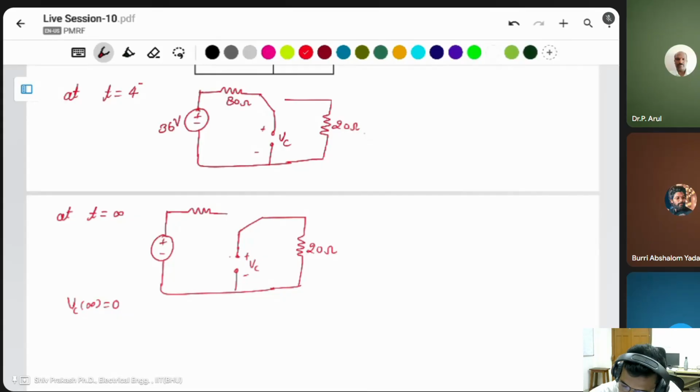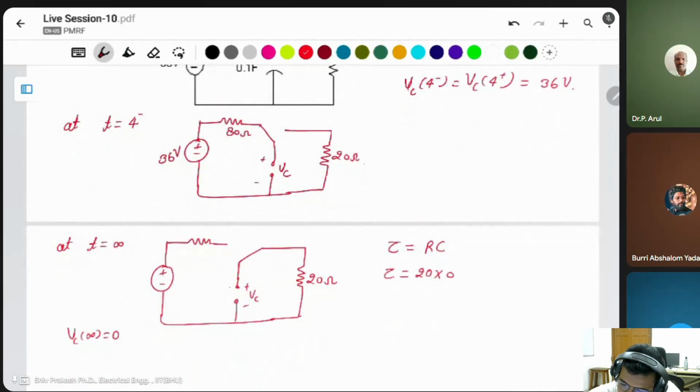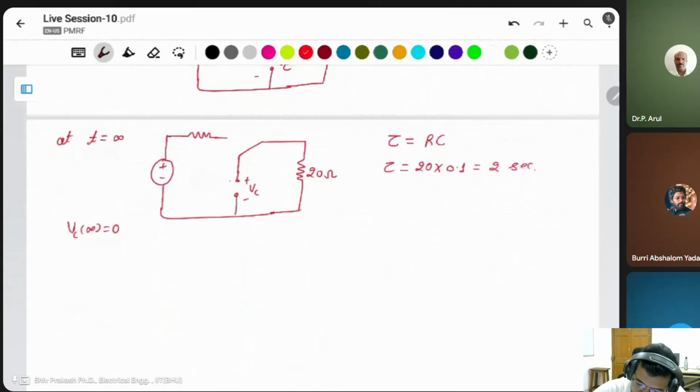Then what is tau? Tau is RC. You have to find the resistance after the 4 seconds. This is 20 ohm, and the capacitor is given as 0.1 farad. Tau is equal to 2 seconds. Okay, what is the voltage?